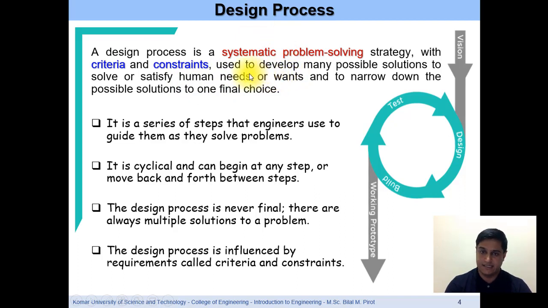So you have some constraints, you have to deal with those criteria and constraints to produce a systematic problem solving design. Okay, so this process, the process of designing something, is used to develop many possible solutions or many alternatives to solve or satisfy human needs or wants. Human needs and or wants. We have two main parts of human life related to engineering projects. The first thing is called human needs. The second one is called human wants.